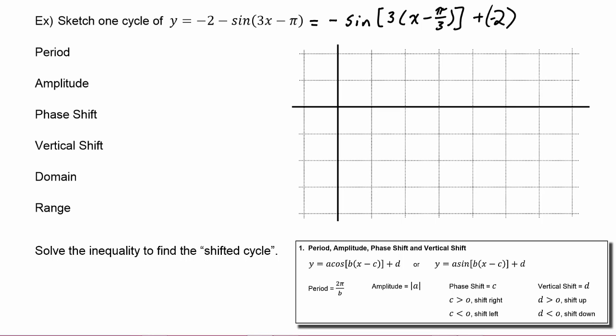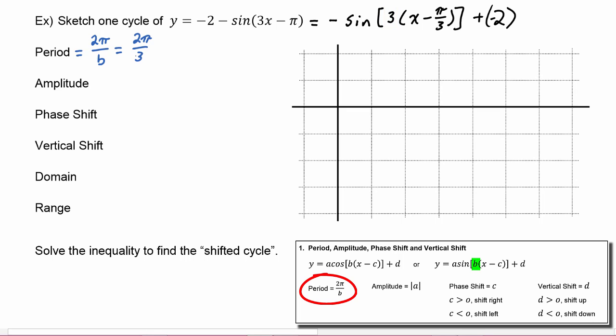We know that the period is equal to 2 pi over b. And in this case, we can see that b is equal to 3. So we have 2 pi over 3, and there's nothing to reduce here.